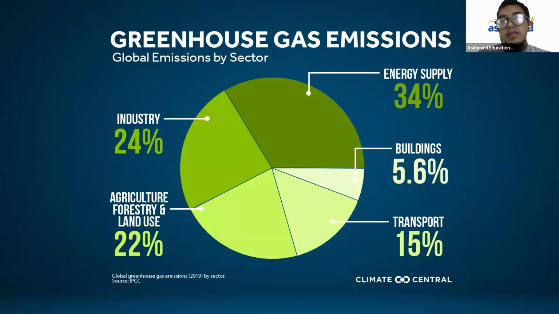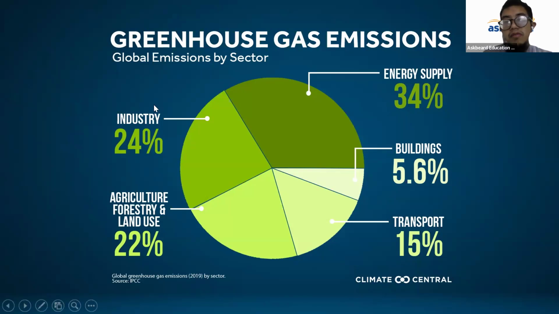Greenhouse gas emissions are caused by several sectors: energy supply, industry, agriculture and forestry, transport, and buildings.